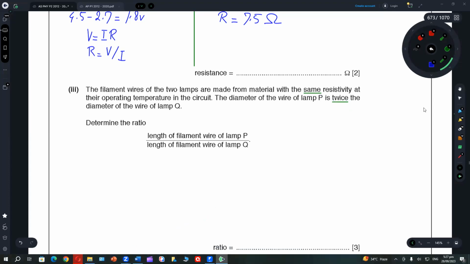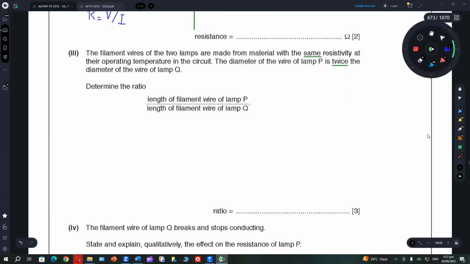What's the formula for the ratio of resistances? We can recall the formula first. We need the ratio of the length, but first let's see the formula. R1 upon R2 is equal to L1 upon L2 into D2 upon D1 squared.